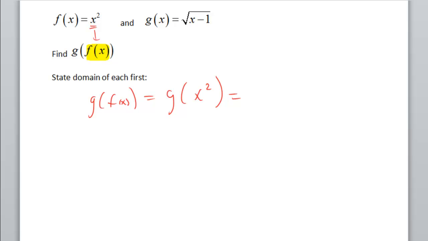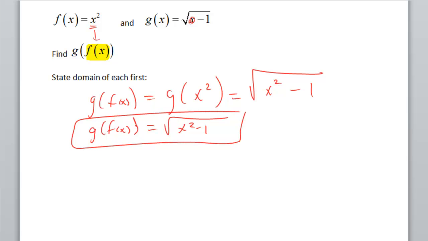Then I'm going to take function g and put an x squared in for the x. So replace this guy with an x squared. There we go. Alright, and that's it. G of f of x is equal to the square root of x squared minus 1.